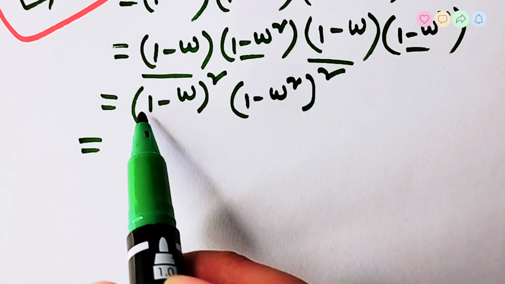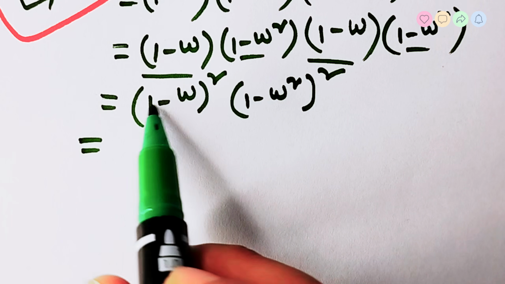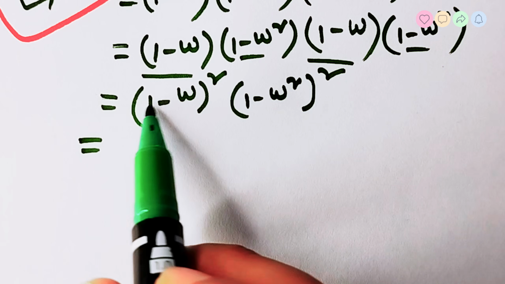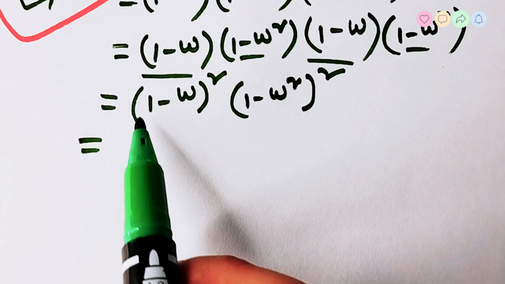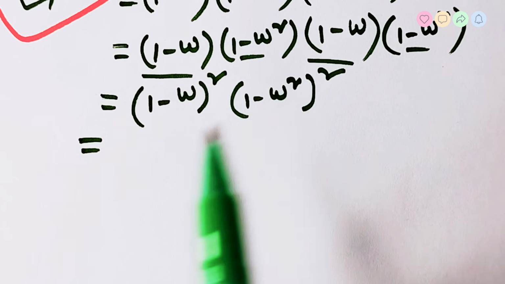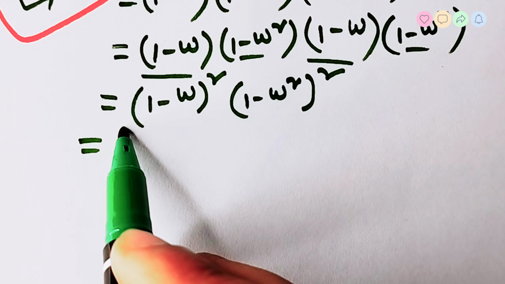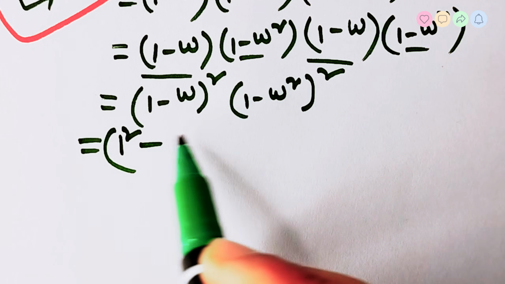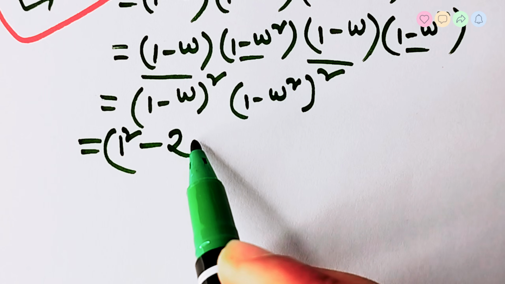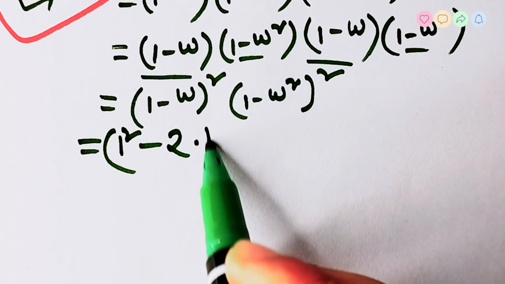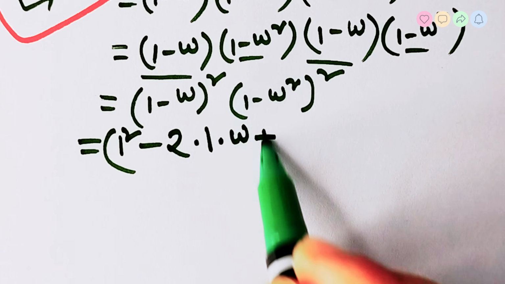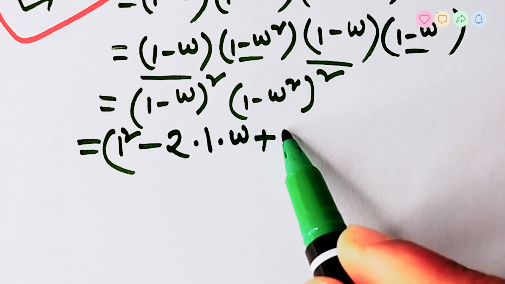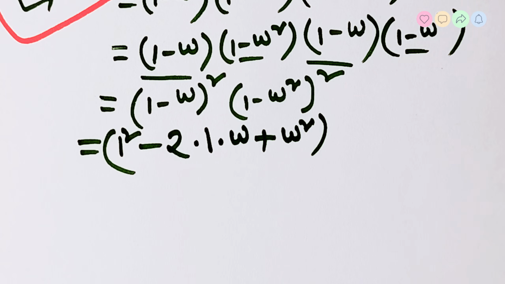If we assume (a minus b) whole square, that is a square minus 2ab plus b square. So (1 minus omega) whole square is 1 square minus 2 times 1 times omega plus omega square.